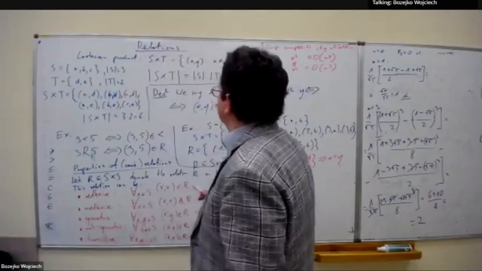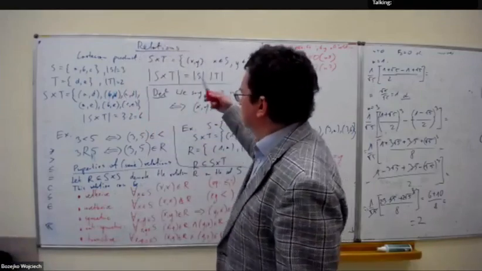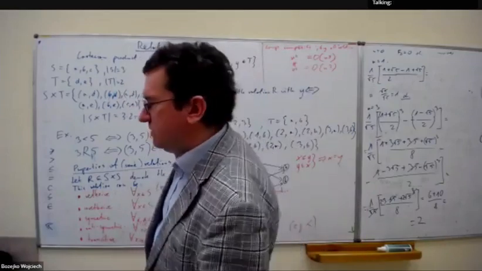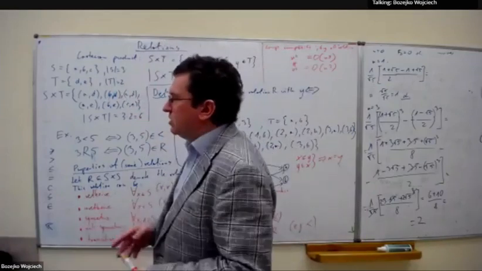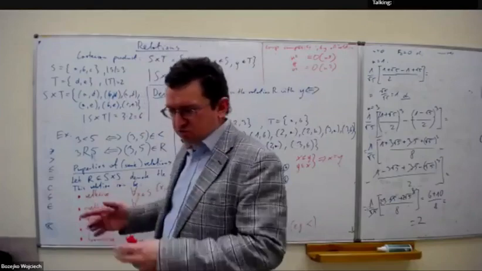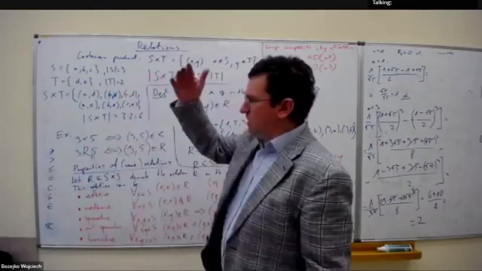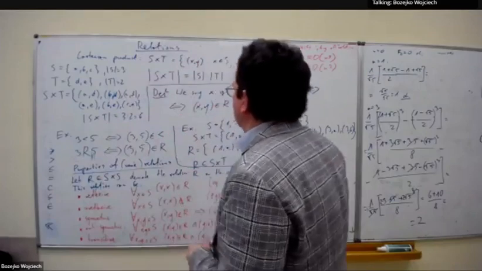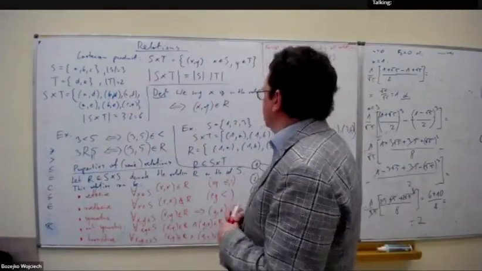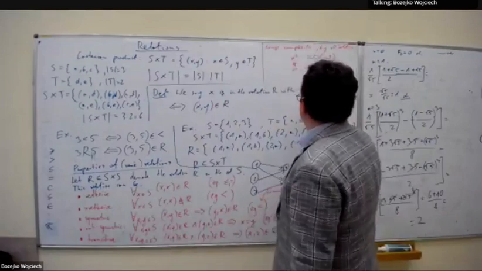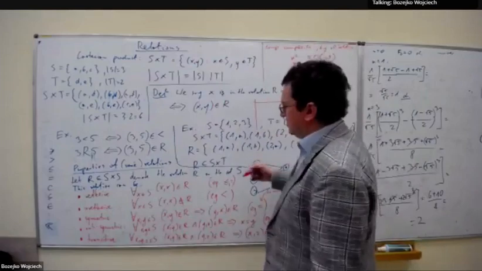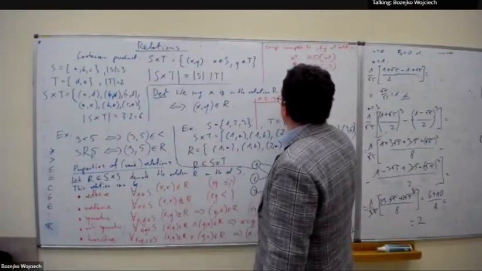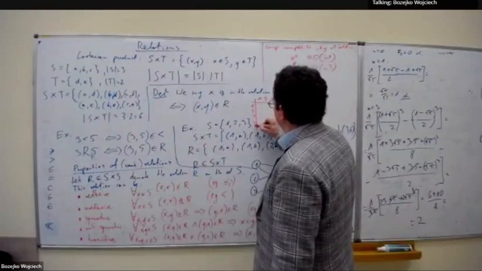Of course, this set of pairs, as a set on which a relation works, is very natural to implement as a matrix. So we have the set of pairs. So in fact, we have 1, 1, 2, 3, and so on. So we can write it in the binary form in the sense that, let it be the set S, we can always enumerate it: 1, 2, 3, 4, 5, and 1, 2, 3, 4, 5.